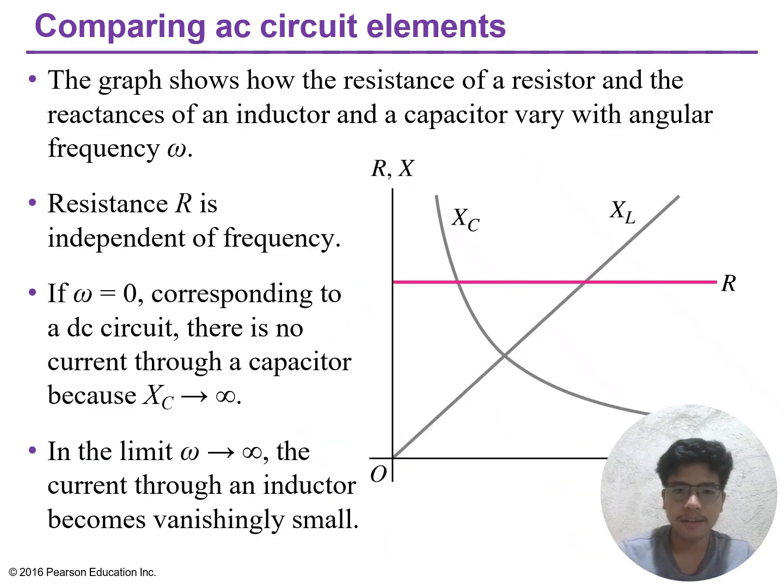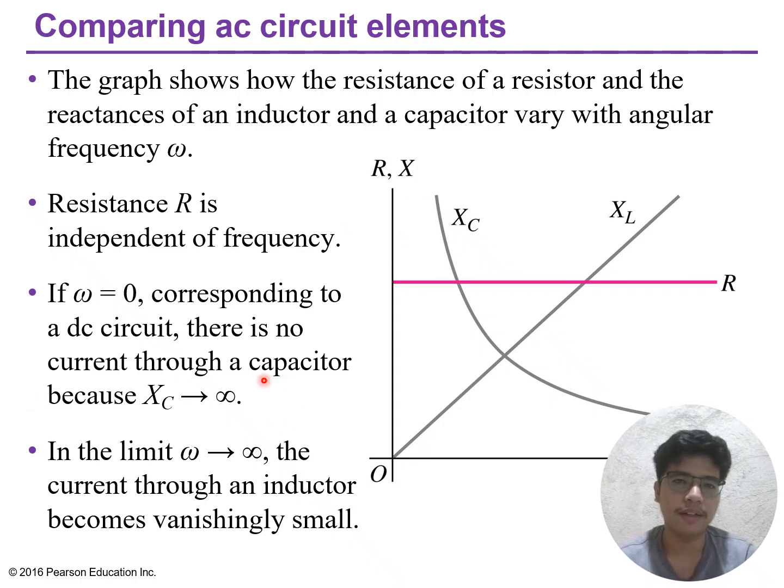So the comprehensive graph displayed shows how the resistance of a resistor R, the reactance of an inductor X subscript L, and that of a capacitor X subscript C vary with angular frequency omega.